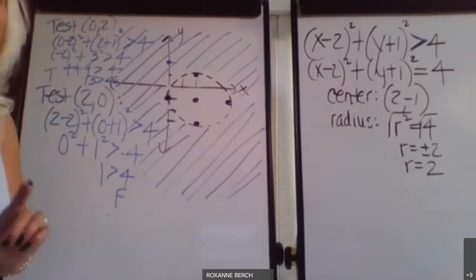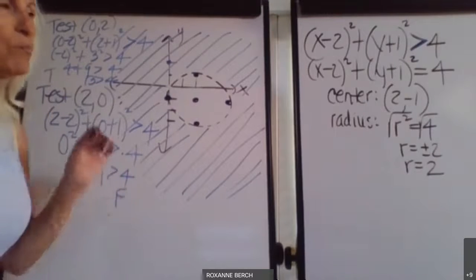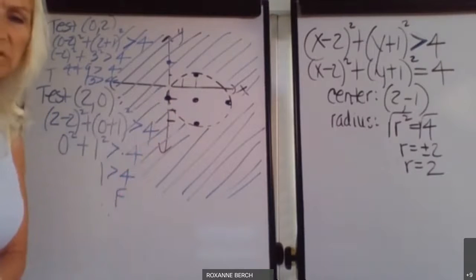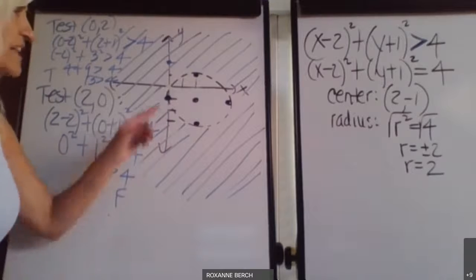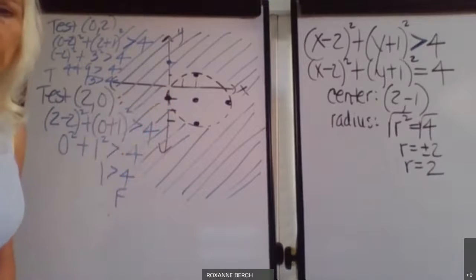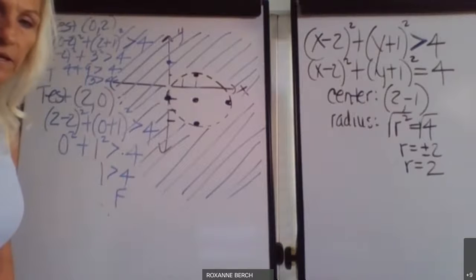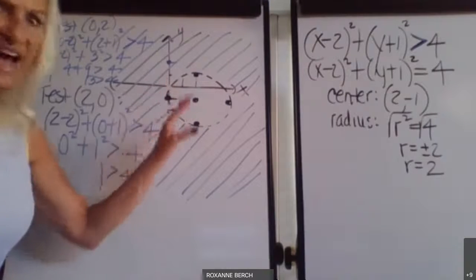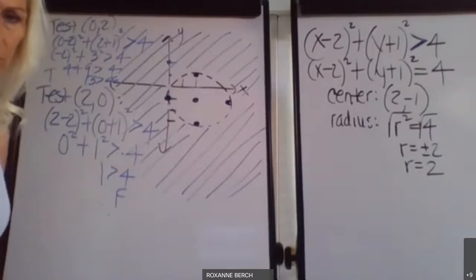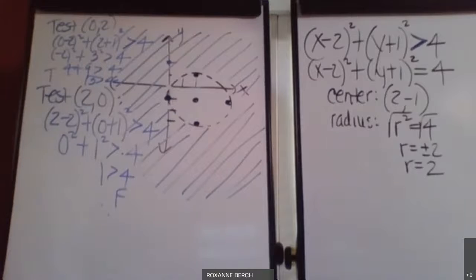Just here's the thing you can't do. Do not pick a point on the circle. So that's why I didn't pick 0, 0, because the graph is coming really close to it and that's too risky. So pick a point that's not near the boundary. You understand?